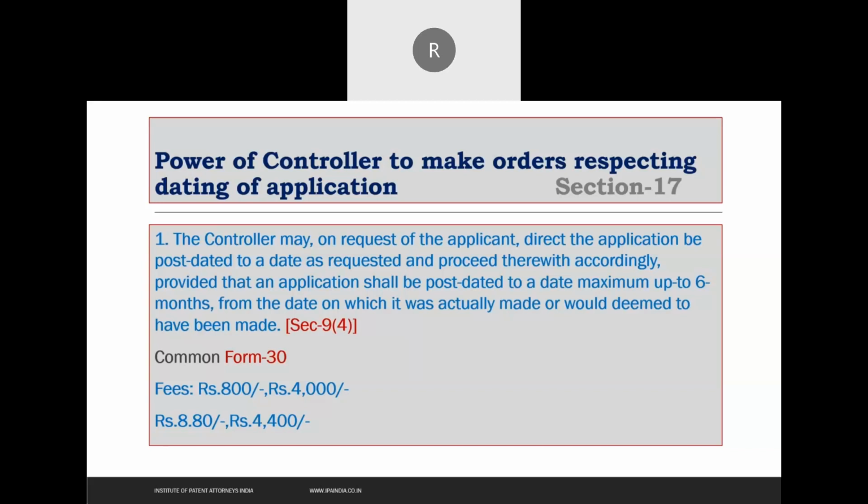I already mentioned that first January is your priority date. Suppose you are using the maximum, then you can file a request for 6 months. Then your priority date may be 30th June. The advantage, for example, in 2022: January 1st, 2022 is your priority date, and by 31/12/2022 you have to submit the complete specification.